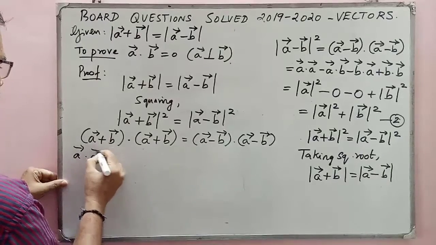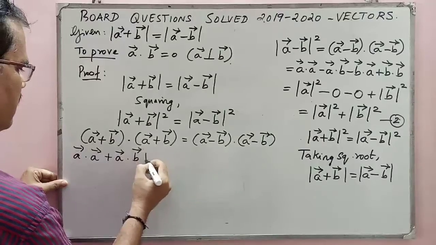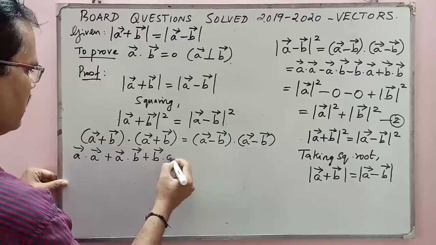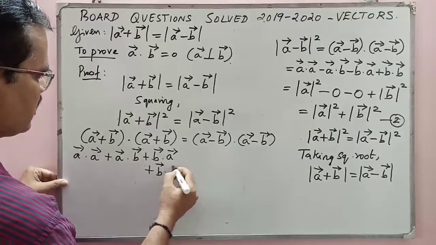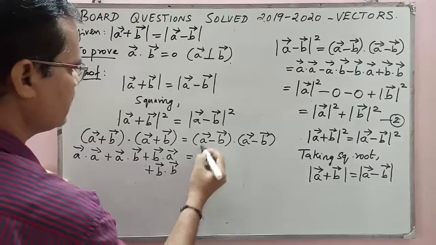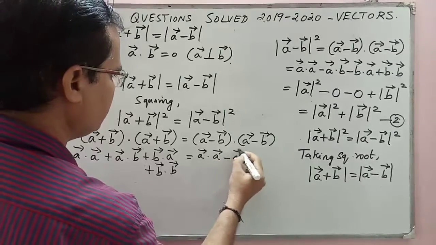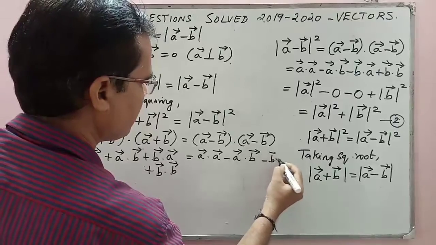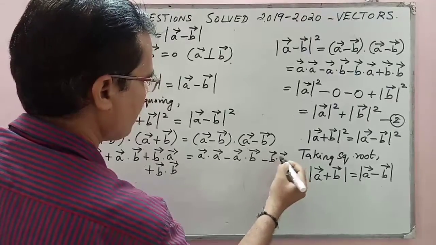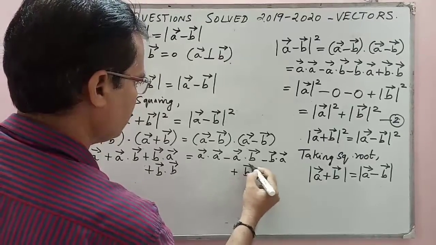A vector dot A vector plus A vector dot B vector plus B vector dot A vector plus B vector dot B vector equals, again, A dot A minus A dot B minus B dot A plus B dot B.